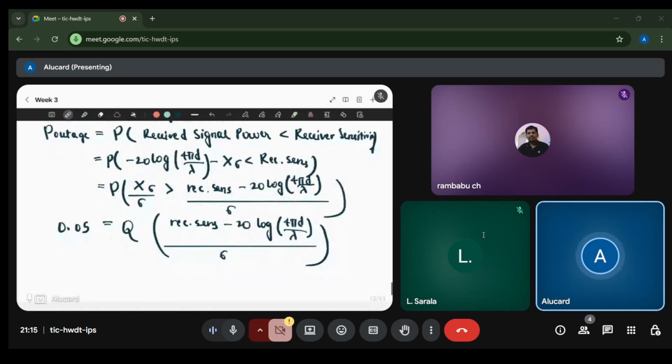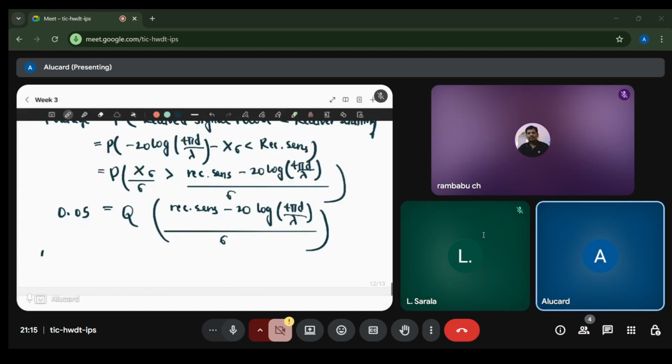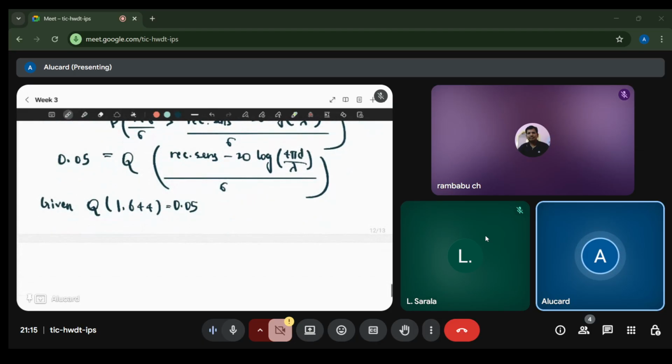So 0.05 should be equal to Q of this inside quantity, but they have given that Q of 1.644 is equal to 0.05. So that means receiver sensitivity minus 20 log 4 pi d over lambda, divided by sigma, must be equal to 1.644.